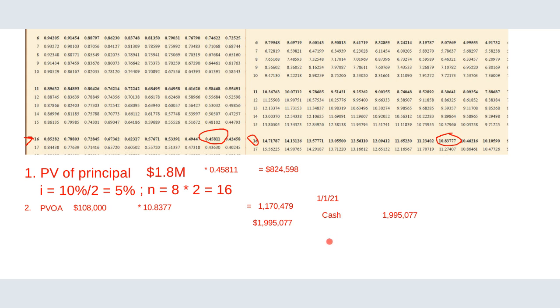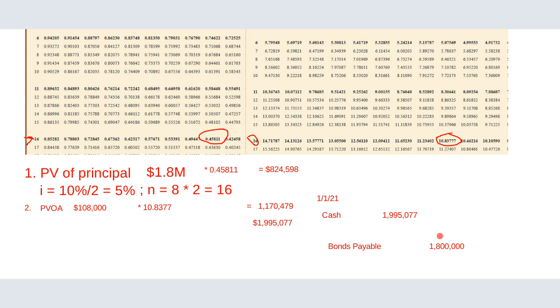And I'm going to credit bonds payable for what amount? $1.8 million, correct. That's the face value of the bond. Bonds payable is always credited for the face value of the bonds.